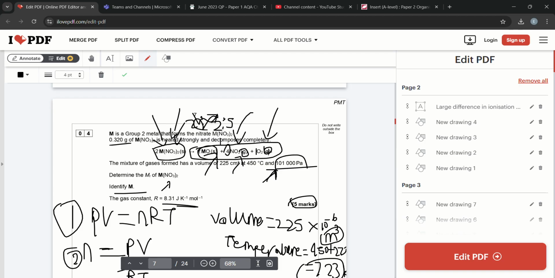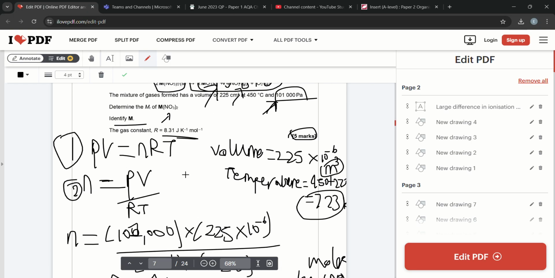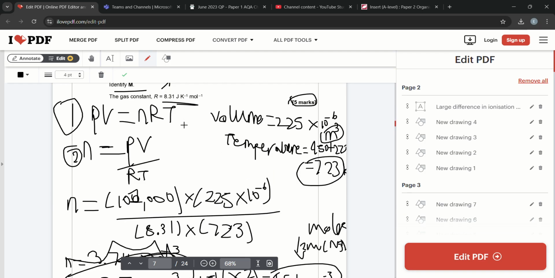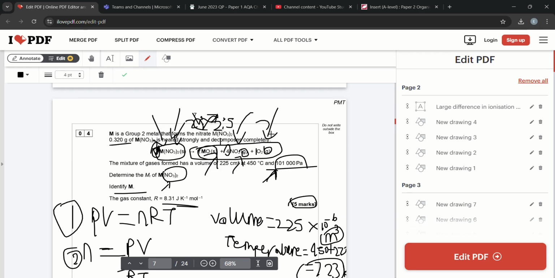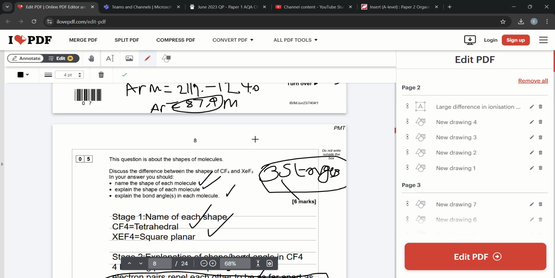Mr is mass divided by moles, and then you can find the Mr of M(NO3)2. Then to identify M, it's the Mr minus all of this, which gives you the Ar of M, and we do not include the 2 when calculating it. But that's a really tricky thing, the 2 to 5 mole ratio for the moles of gas. I feel like that's the reason maybe I got it wrong in the mock. Maybe, maybe not. But that's the end of question 4.